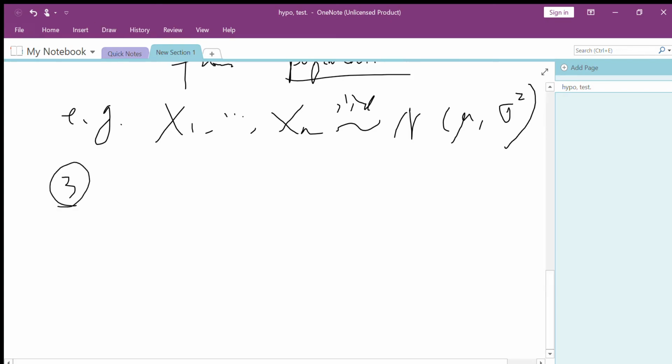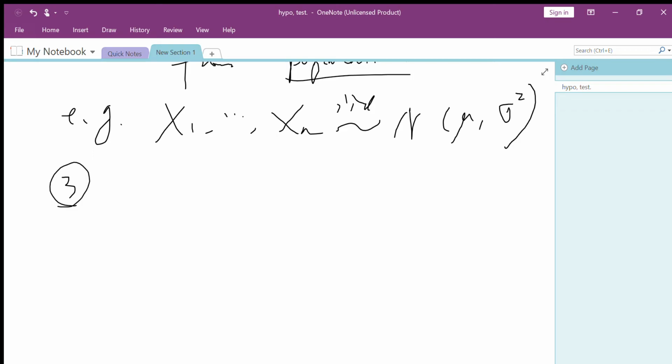Remember that for our point estimation, we need to propose some statistic, which is called point estimator, to do estimation.